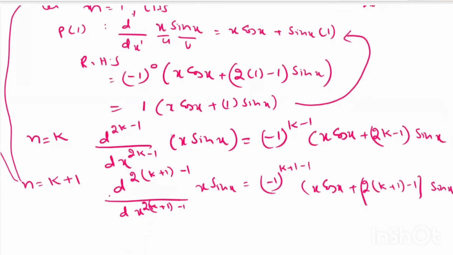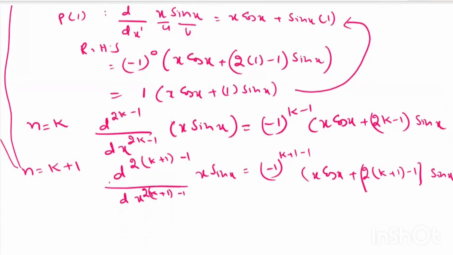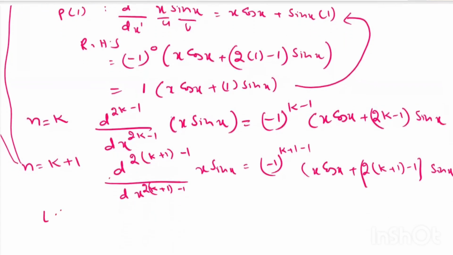Now we have to prove this. We take its left hand side. What will be the left hand side? 2k plus 2 minus 1, it will be 2k plus 1.